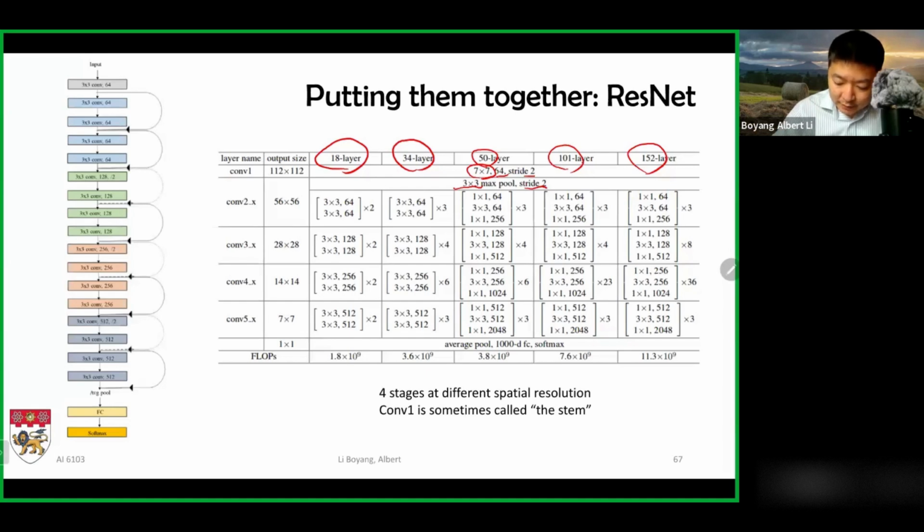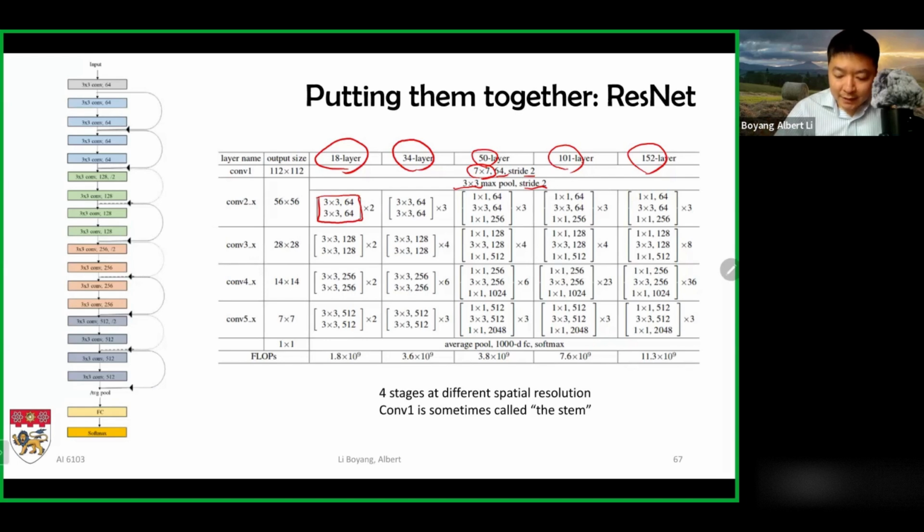Within each stage, the building block is basically the same, which has 2 convolution layers, and this basic building block is repeated a number of times within each stage. Okay, so this is their way to use basic building blocks to build large networks, that they repeat the same block over and over.